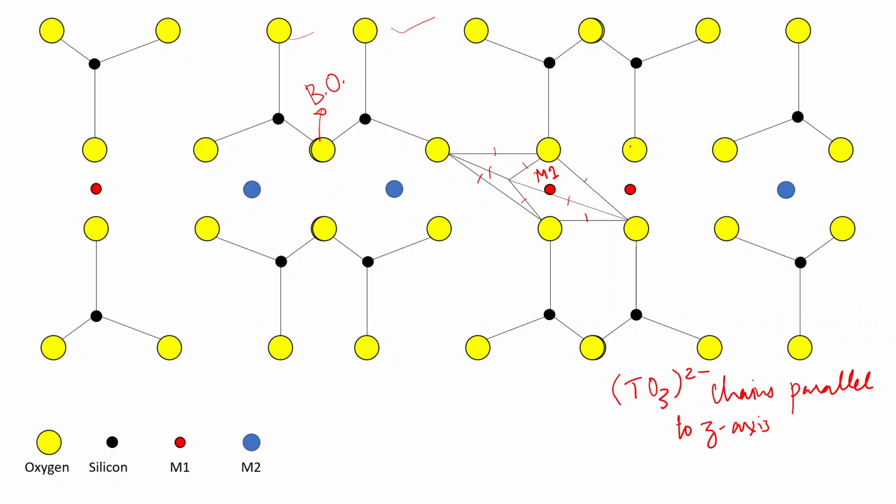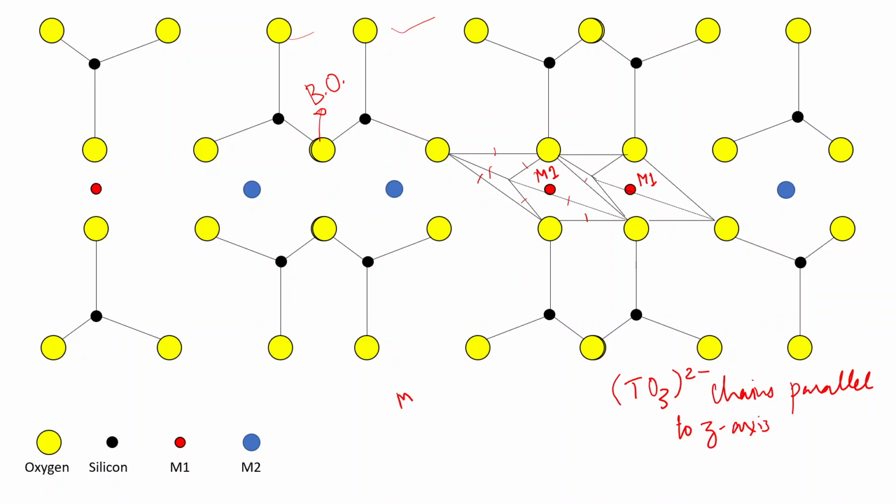So these non-bridging oxygens, now they are doing it. Let's look at this M1 site. It is also being coordinated by the non-bridging oxygen. Since they are being coordinated by the non-bridging oxygens and their size is also less, they have a somewhat regular octahedron.